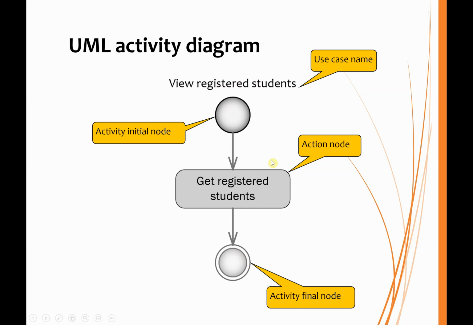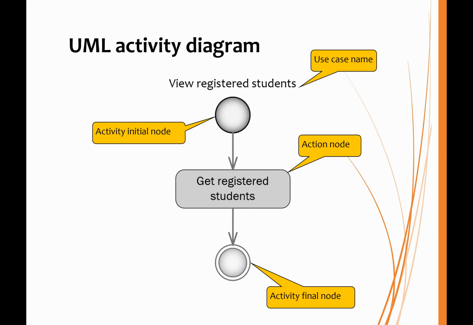Now, we might be tempted to say, input the command to register students, then get the registered students, and then output or display the student details. But these inputs and outputs are in the solution, not in the problem.